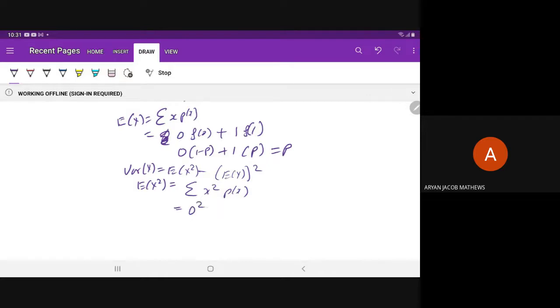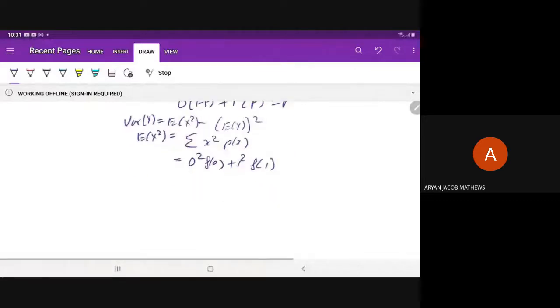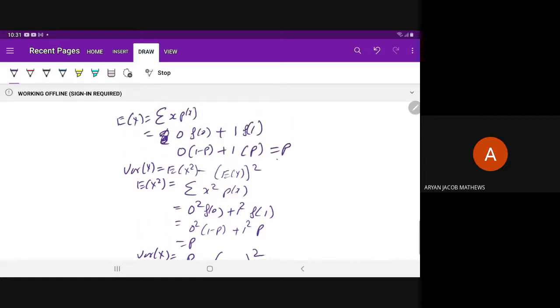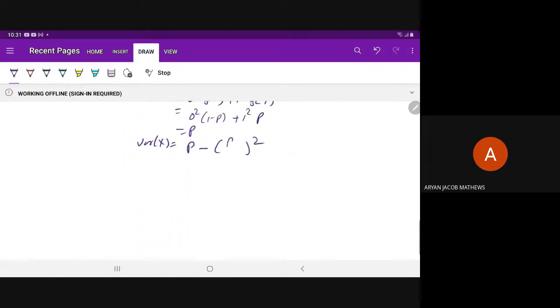This becomes 0 square f(0) plus 1 square f(1), that is 0 square times (1 minus p) plus 1 square times p, which is equal to p. So the variance of X becomes E(X square), that is p, minus the square of E(X), and E(X) we computed as p, so p squared. If you take p common, we have 1 minus p, that is p times q. So that is the variance of X.